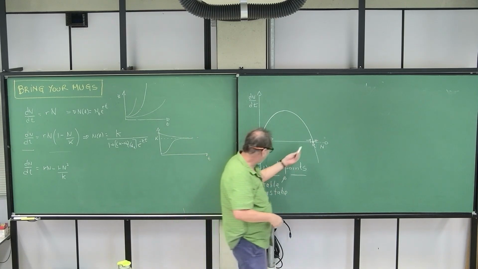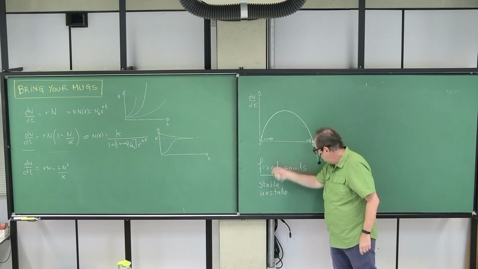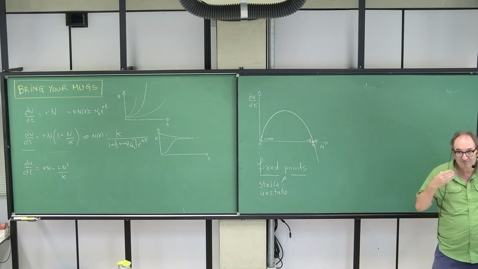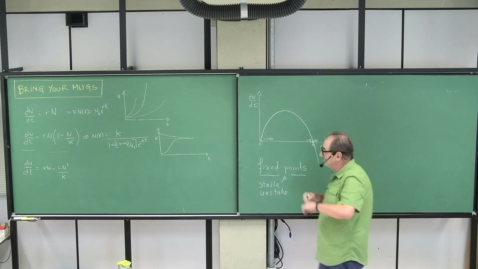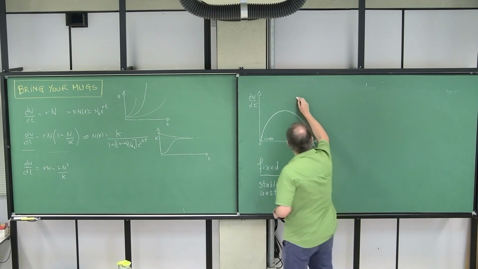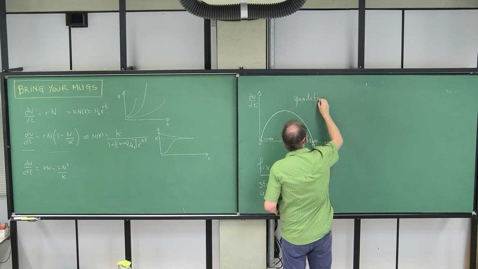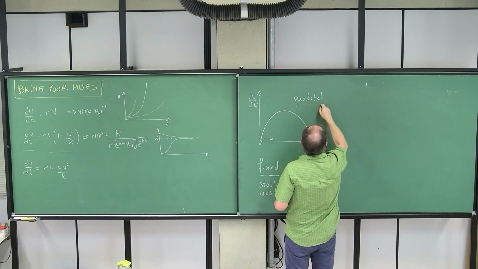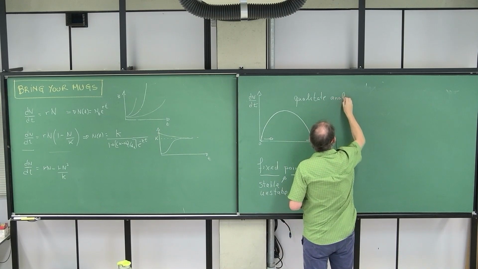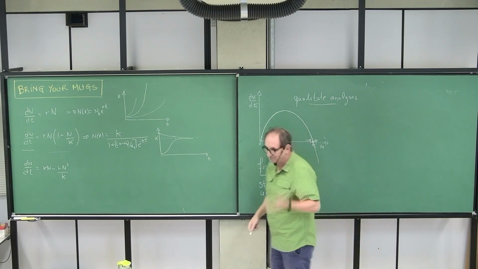So that's a stable fixed point, and that's an unstable fixed point. And this is the most elementary example of what we call qualitative analysis for differential equations.